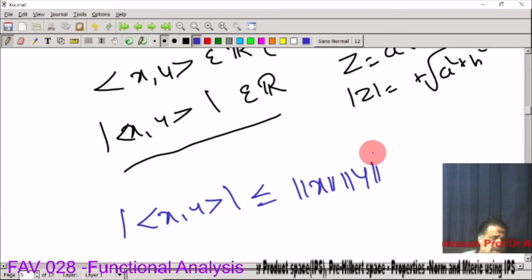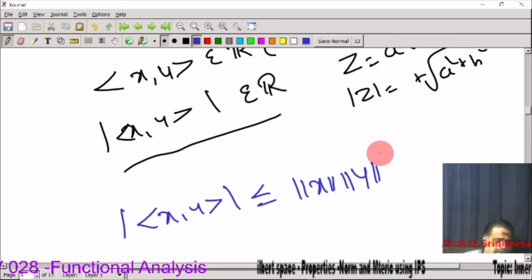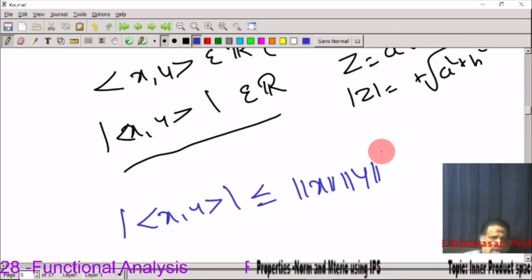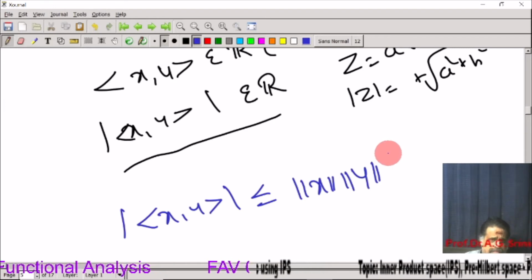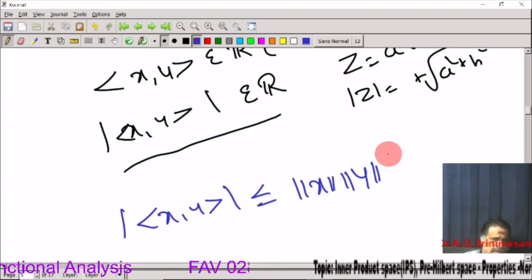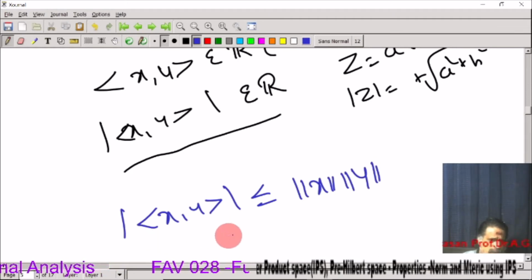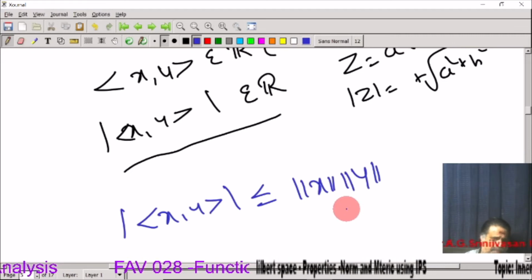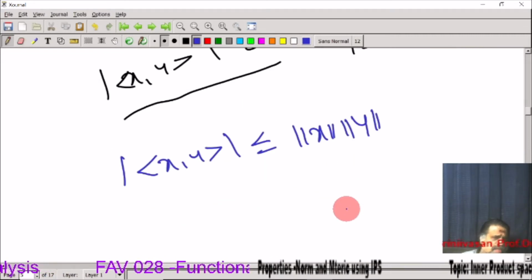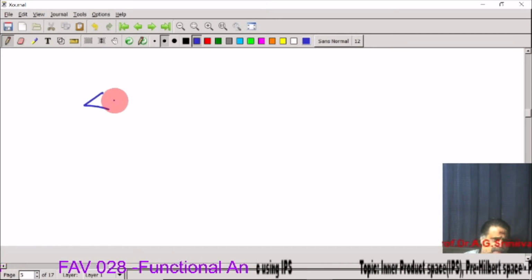You can't say one complex number is more than the other complex number, because complex numbers are not comparable. That's a very interesting part of complex numbers. Whereas in real numbers, you observe that inner product xy is less than or equal to norm x and norm y is certainly meaningful. Now, before we go to this, let's take the inner product xy first.